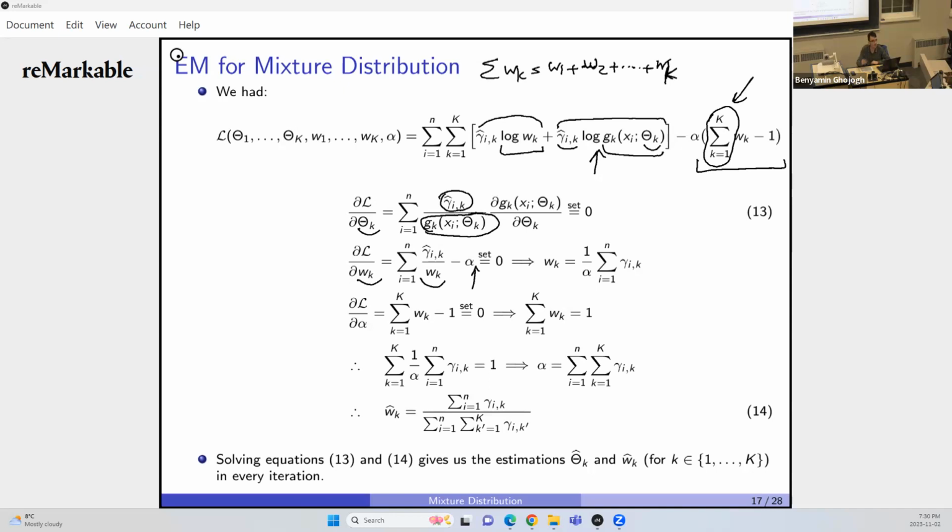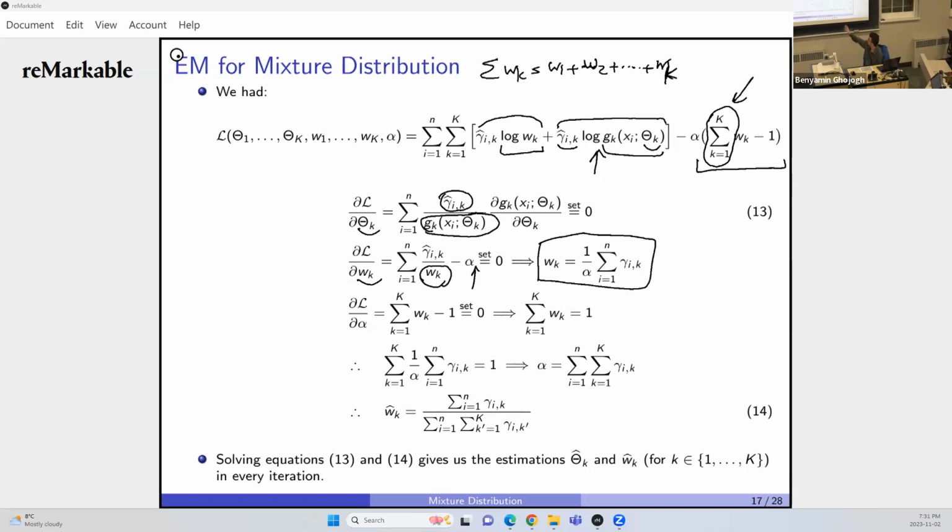Derivative of this with respect to W2, only W2. We have W2. The other terms are constant with respect to W2. So that's why the summation goes away. So I have minus alpha, set it to 0. Now rearrange the terms. WK can come out of the summation because it's not dependent on I. Rearrange the terms, you will have WK as this. Okay? So far clear? Right.